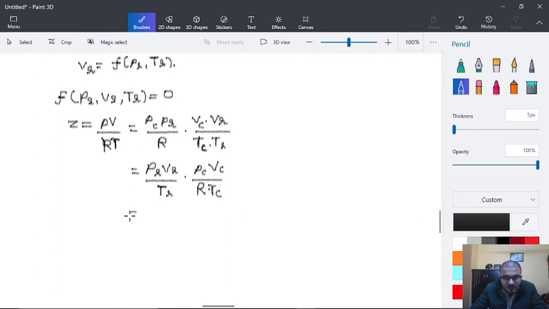Here we will be getting this as PR VR divided by TR into ZC.